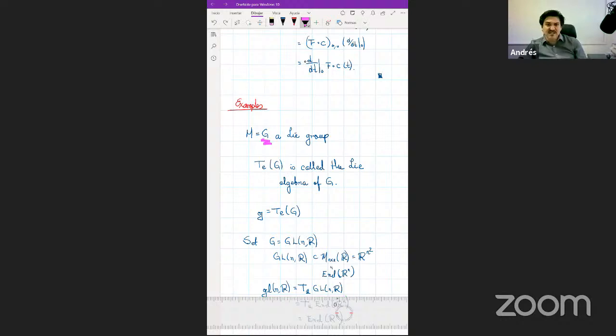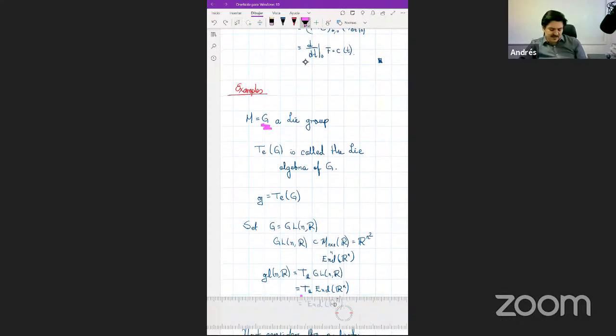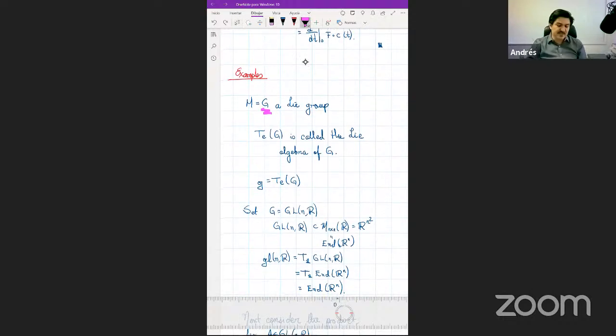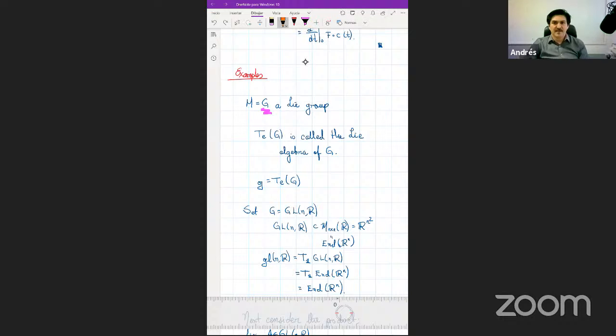But because GL is open, this is the tangent space of the Euclidean space, Rn squared. And Rn squared is the same as the endomorphisms. Okay? This is clear?